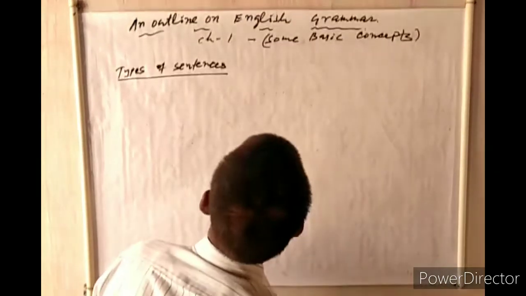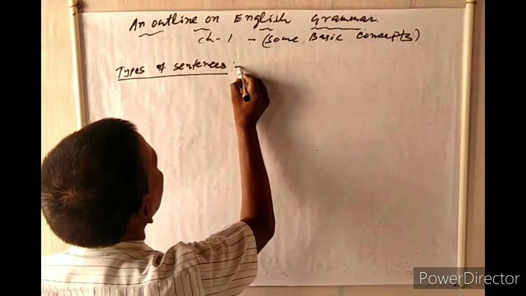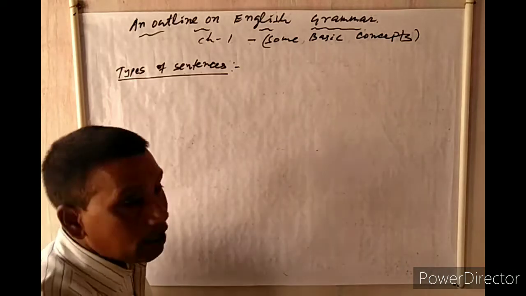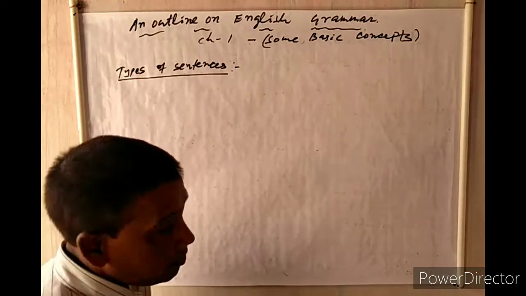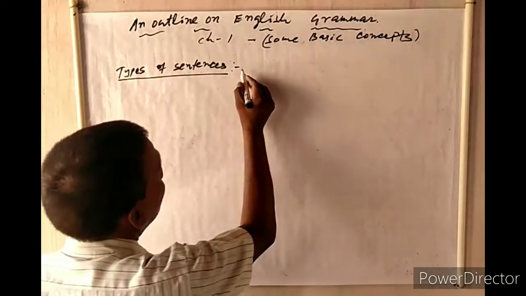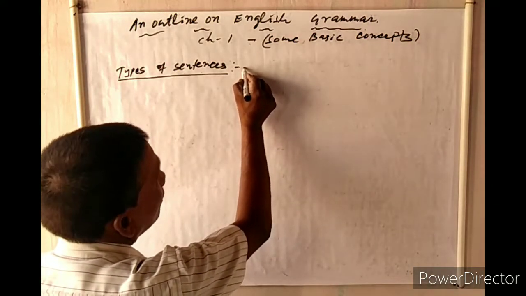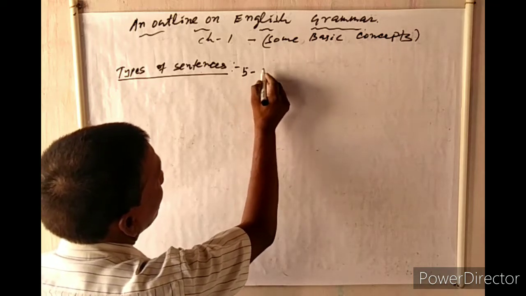So what is happening is we're writing down the structures in point number C, up to point 4. Now it was sentence type 5.